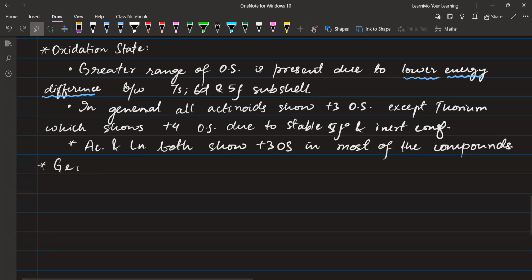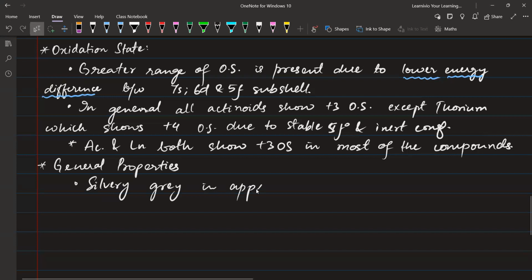Right, next, general properties. So these are silvery gray in appearance.